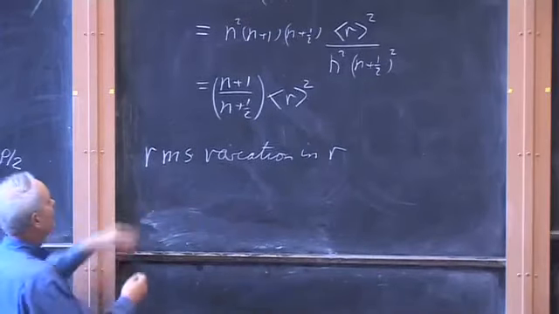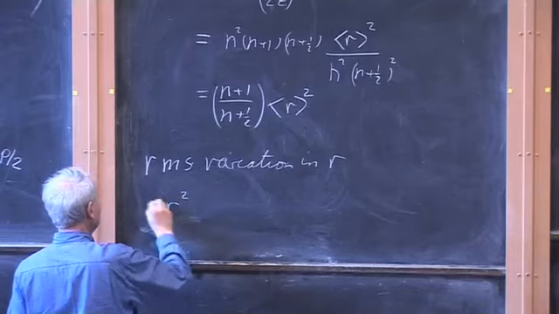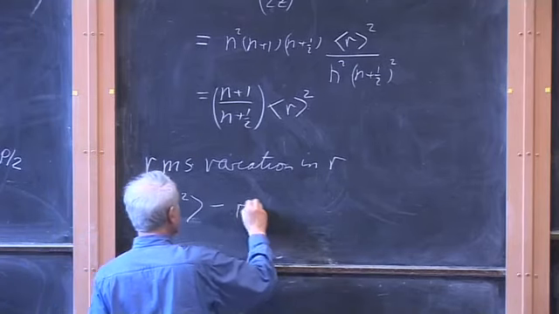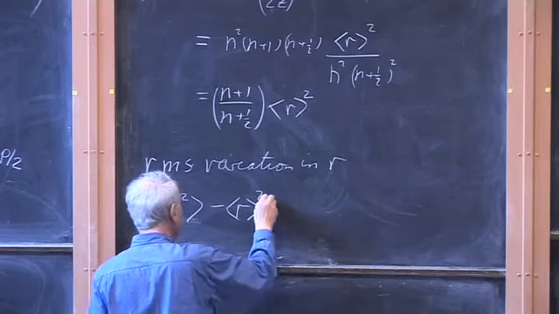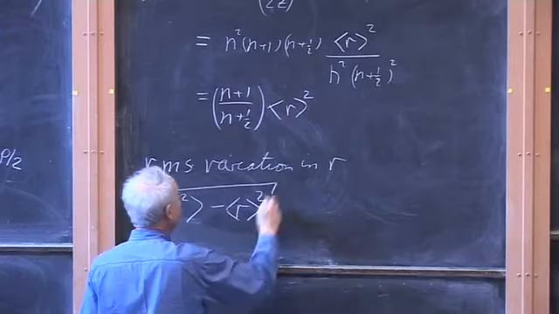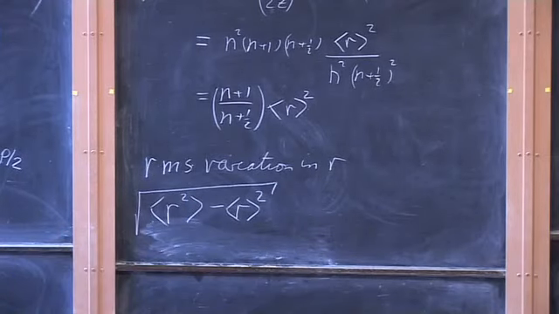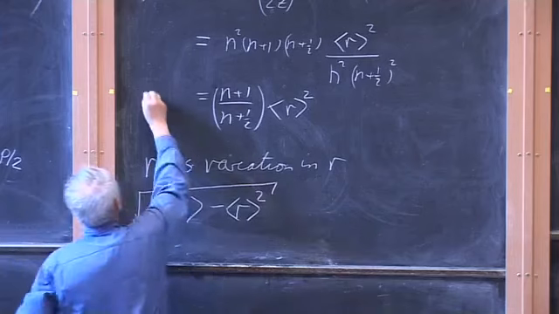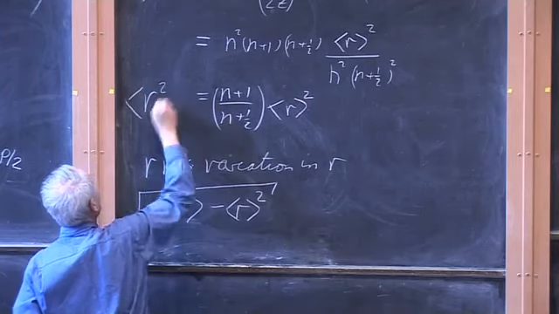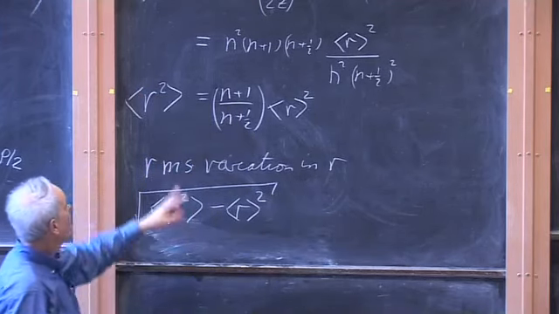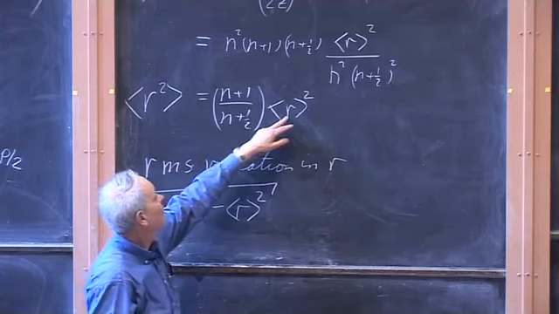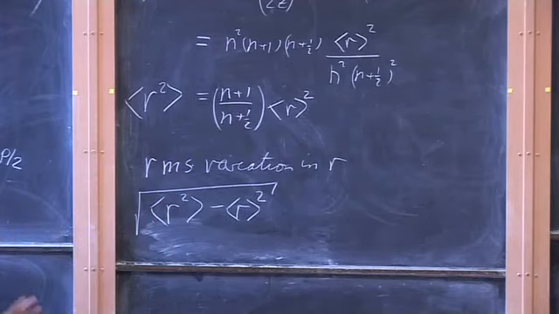Because what is this RMS variation? Well, it's the r squared expectation value minus the r expectation value squared. Take the square root of that, okay? So here is the expectation value. Let me write it in again. R squared expectation. So all I want to do is from this, I want to take r squared and then take the square root.